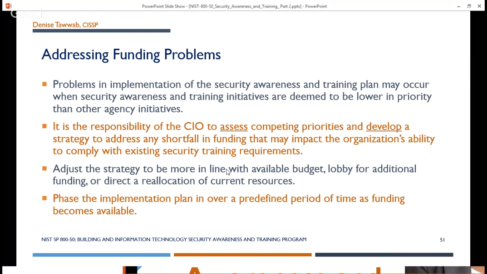You want to adjust the strategy to be more in line with the available budget. You can lobby for additional funding, or you direct a reallocation of current resources. You want to phase the implementation plan in over a predefined period of time as funding becomes available.